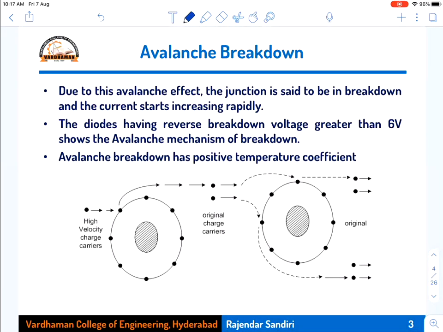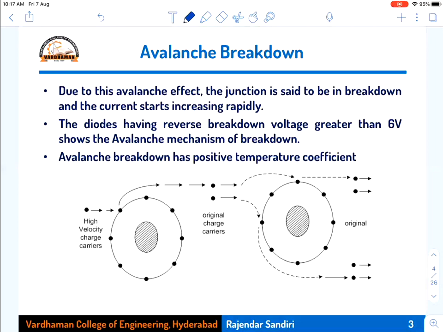So when you increase the reverse voltage to a certain point, because of the avalanche mechanism, the breakdown occurs. It is creating so many free electrons across the junction that the junction is no more reverse biased and no more depleted of charge carriers. This large amount of charge carriers will be crossing the junction. Therefore, the current starts increasing rapidly.